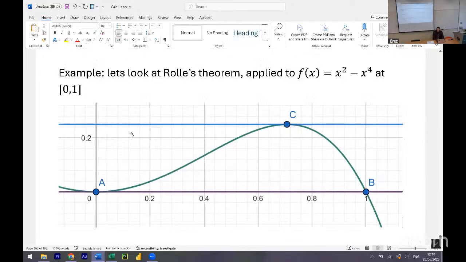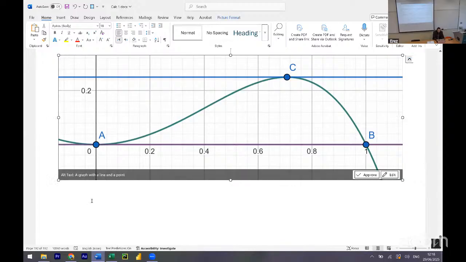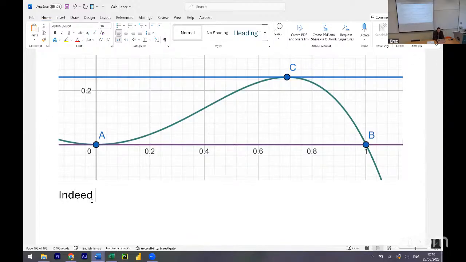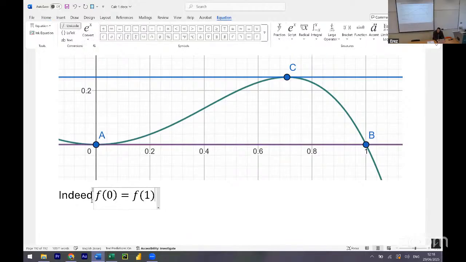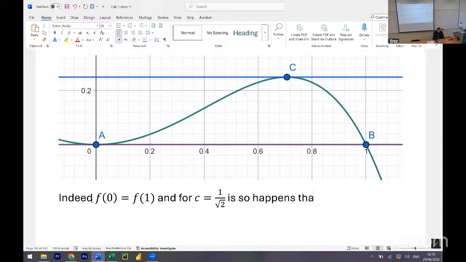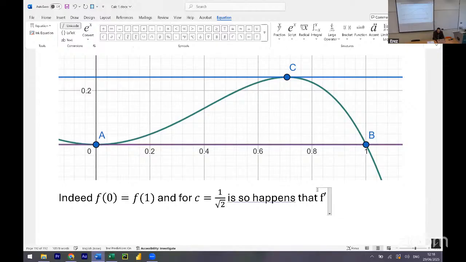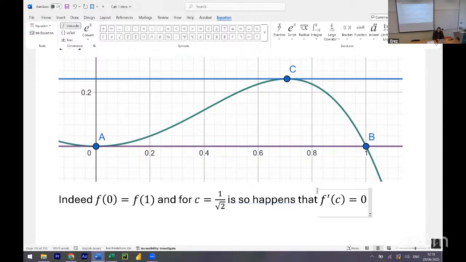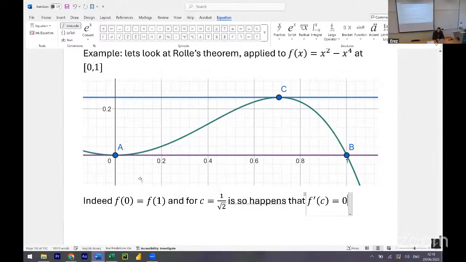It looks like this, and indeed f of 0 equals f of 1, and for c equals 1 over the square root of 2, it so happens that f prime of c equals 0. I'll tell you in a short while why I wanted you to see the graph of this function. Any questions so far?